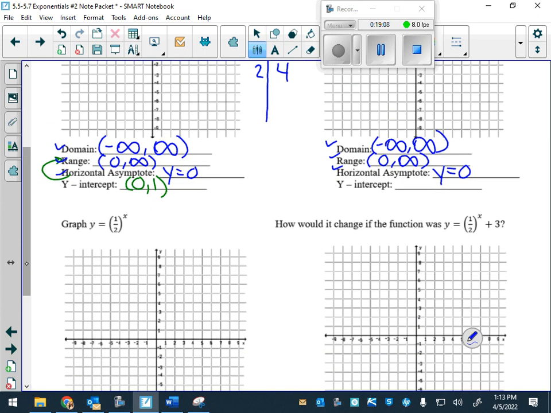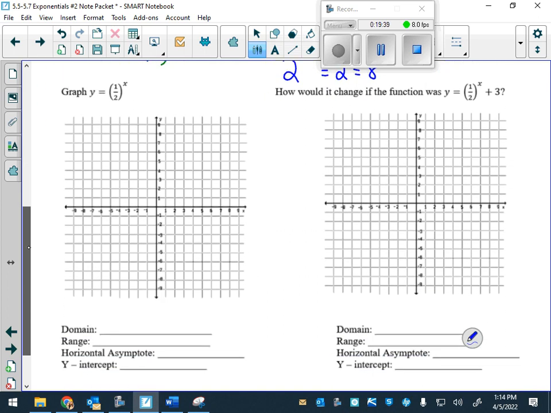So if we take our function, we have 0 plus 3. 2 cubed is what? 8. So our y-intercept is 0, 8. Okay. Which you will have to find if it asks for it. Okay. All right. Are we good? All right. Let's move on.